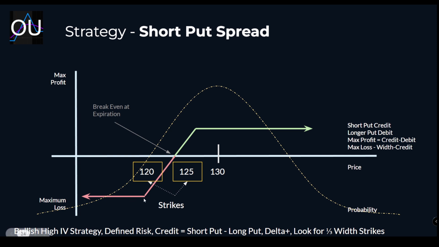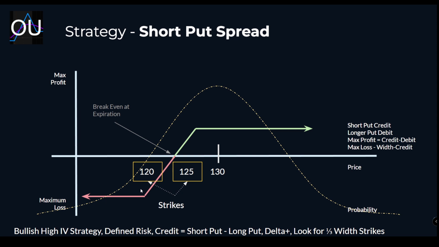When you're buying a put or a call for protection, we call that buying the wings. And the protection that you get is you can't lose more than a defined amount, so you're defined risk.